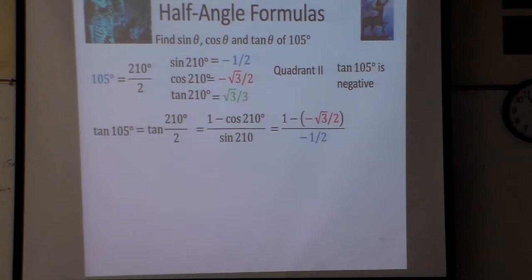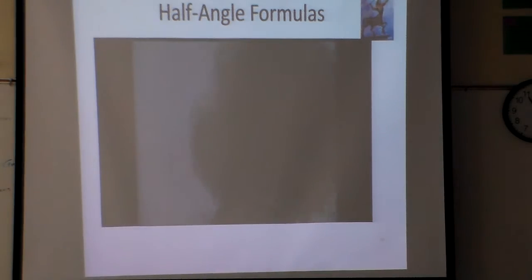I just plugged them in. I get a common denominator for the 1 so I can add them together: 2 plus square root of 3 over 2, over negative 1/2. With a fraction there, you multiply by the reciprocal, so I flip it upside down.